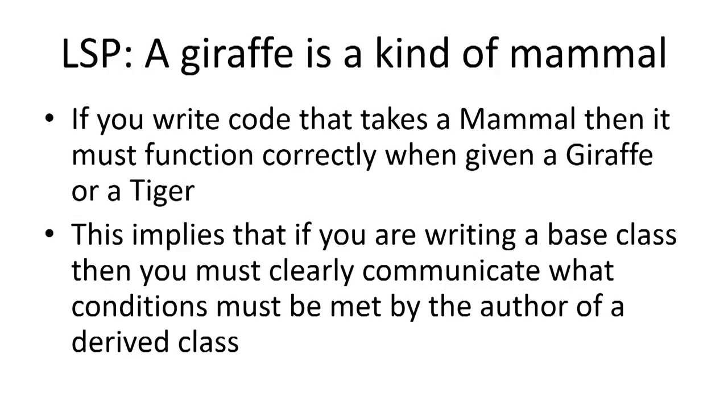So if you are writing a base class, then you must clearly communicate what conditions must be met by any instance of that class to the author of a derived class. So that if you create a base class, animal or mammal or whatever, and somebody writes a method that uses that mammal, then if you are the author of the mammal class and you know that somebody else is going to be the author of the giraffe class, you have to tell that guy, you know what?